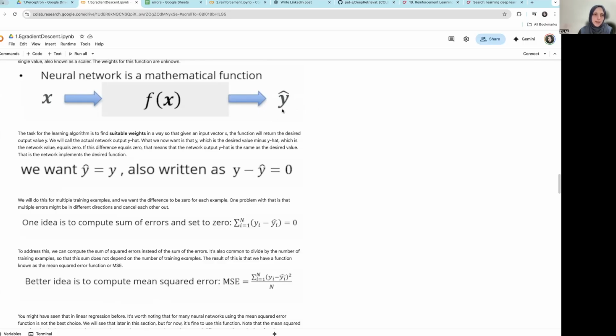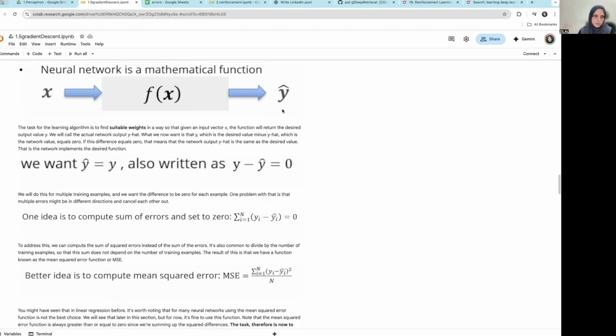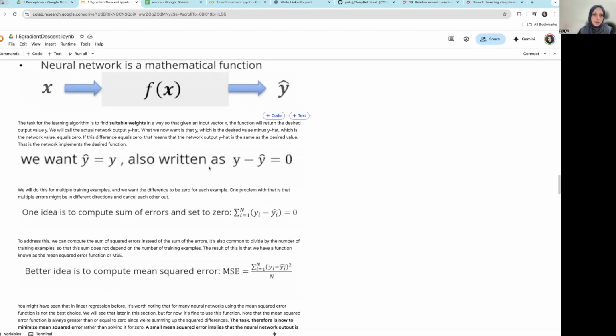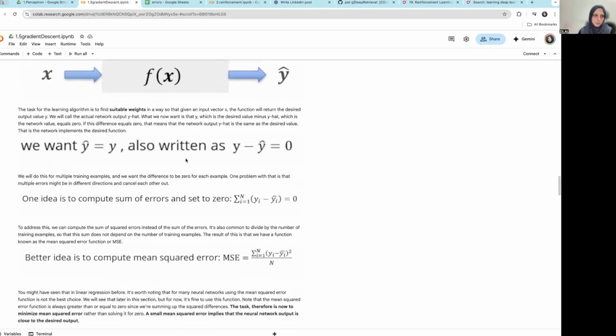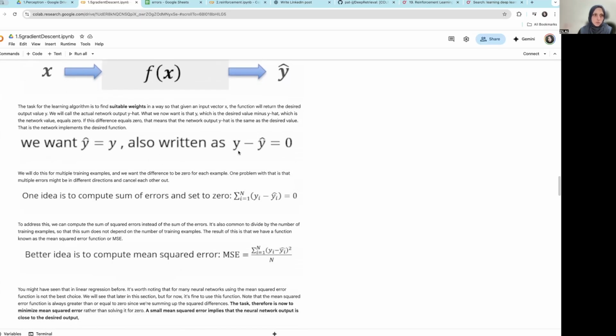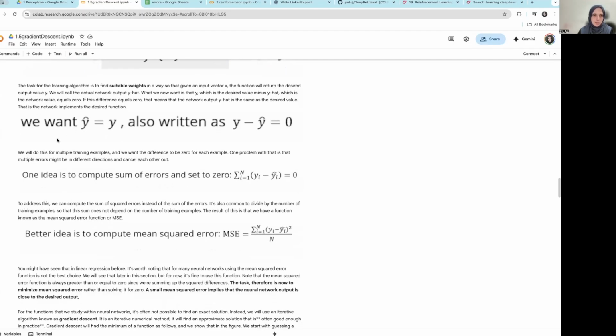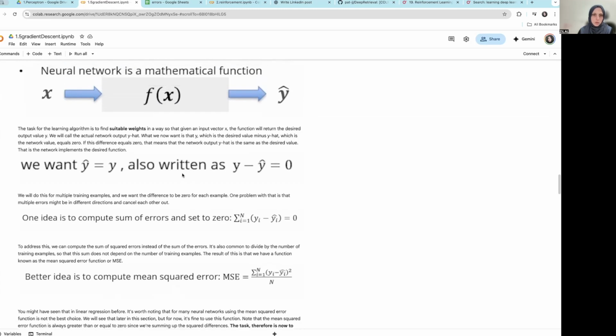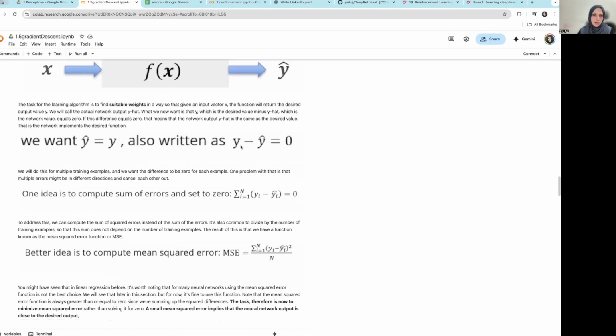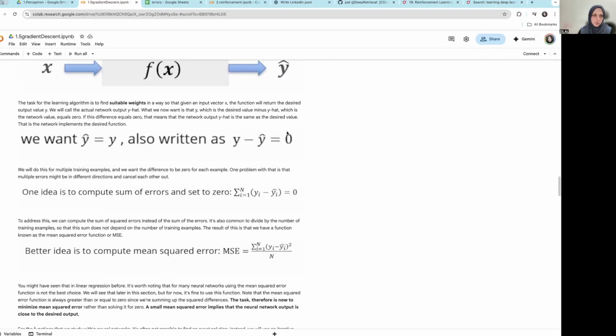So we don't want any error. If this difference equals 0, that means the network output y hat is the same as the desired value. That is, the network implements the desired function. So our target is that y hat equals y. Also, you can write it as y minus y hat equals 0.